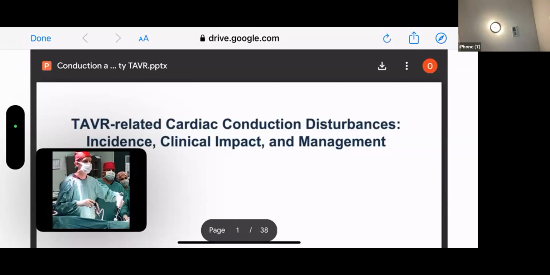But we soon can do transcarotid, there's transapical, so there are different other places you can do the TAVR from, but majority, 90% of the cases is through the femoral. So I've had a case where a patient was not a candidate for this kind of femoral route to do the TAVR procedure.